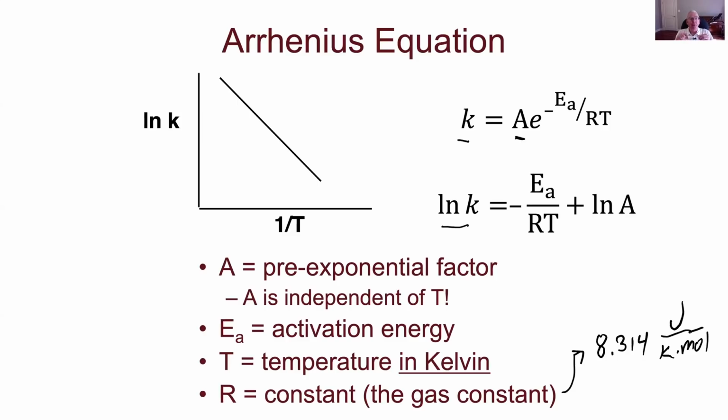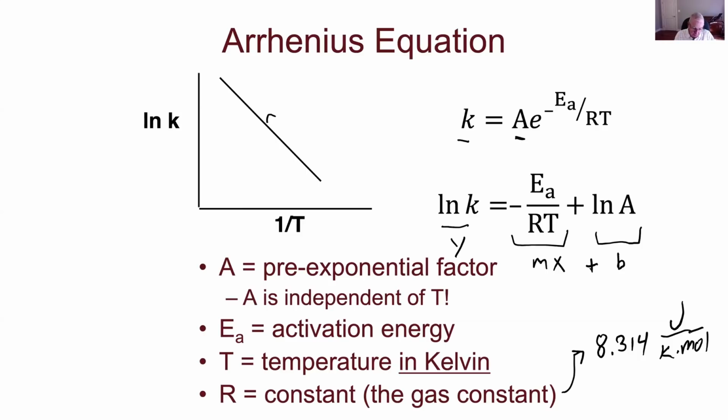The graphic inset there says if we plot log of K versus 1 over T, it's a line, okay? And we can see that because in this equation, the log version I wrote here, log of K is what's on the y-axis there, right? This piece, the minus E sub A over R, that's my slope times X, and this piece is B, the intercept, okay? So what does that tell me?